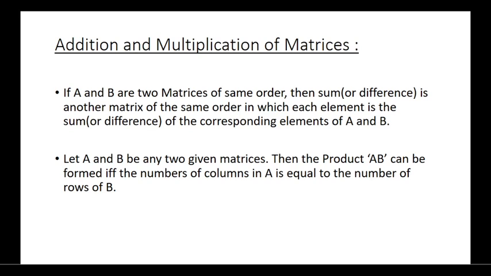Next, the basic operations of matrices. If A and B are two matrices of the same order, then the sum is another matrix of the same order in which each element is the sum of the corresponding elements of A and B. That means to make either a sum or a difference, the matrices must contain the same order.